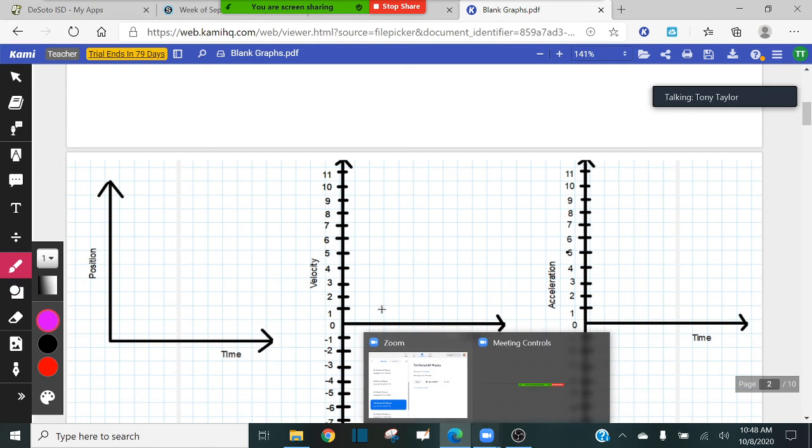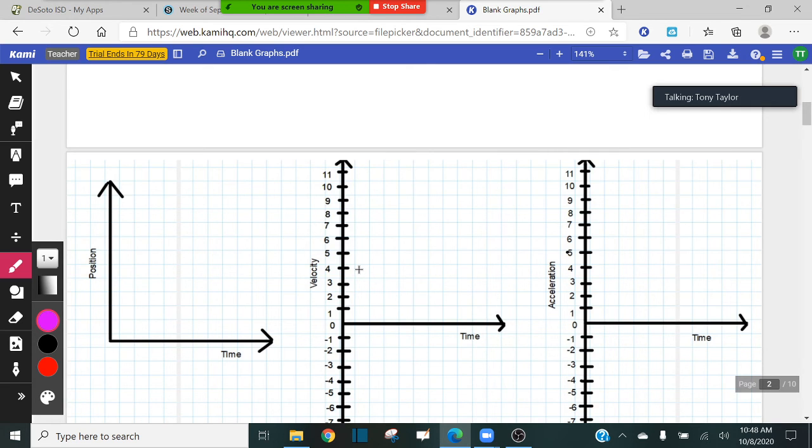Does anyone in here remember what this right here represents on a position versus time graph? Hold on, let me make that a little thicker. Okay. What does that line mean on a position versus time graph? It's slowing down. Yep, it's slowing down. In what direction?